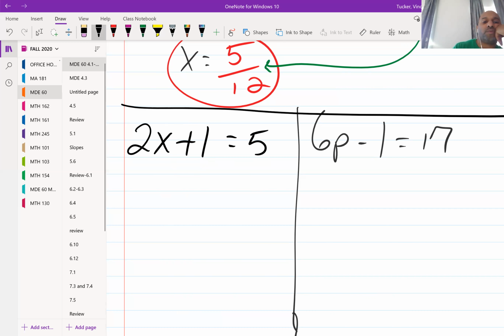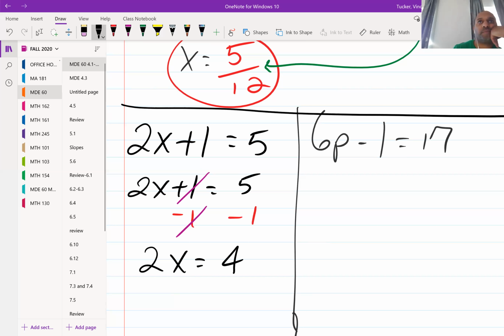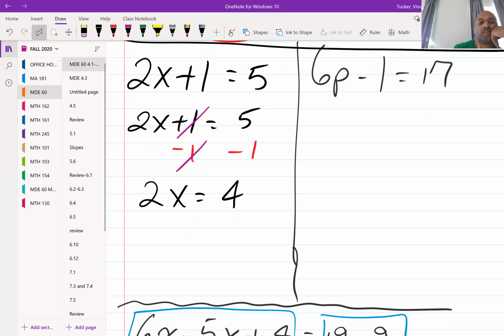So the most efficient move is to subtract 1 from each side of your equation first. 1's cancel on the left. That leaves you with 2x equal to 4. Divide by 2. X is equal to 2.